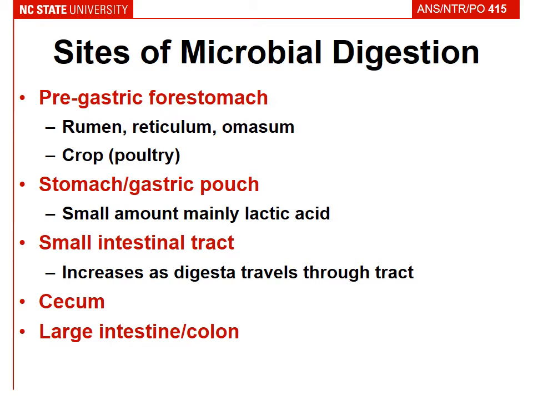So you're going to have more microbial digestion occurring in the ileum than you're going to have occurring in the duodenum. And then in the cecum and large intestine or colon, there's a very significant amount of microbial digestion that's occurring.